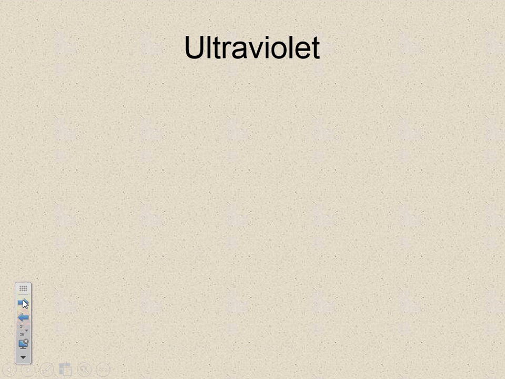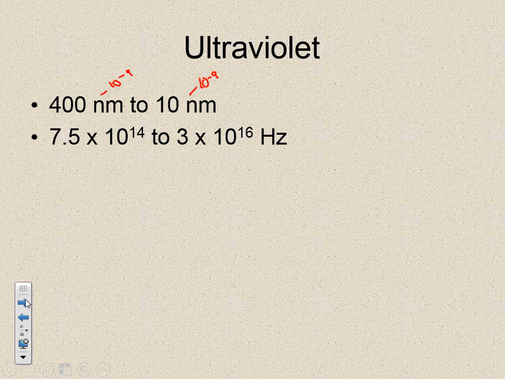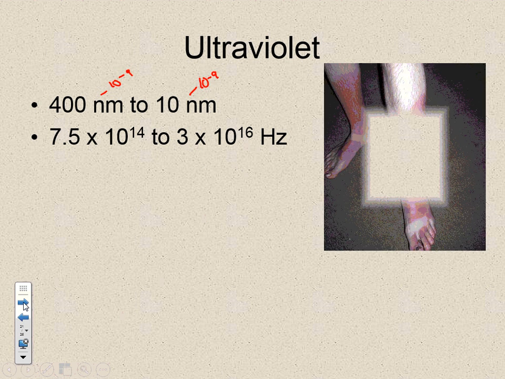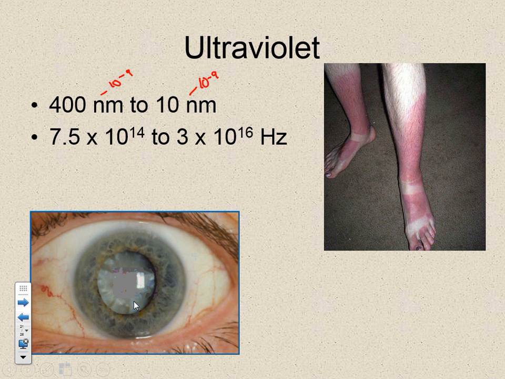Ultraviolet light is the light that is from 400 nanometers to 10 nanometers, and again, a nano is 10 to the minus ninth, and its frequency is 7.5 times 10 to the 14th to 3 times 10 to the 16th hertz, and it causes sunburns as well as cataracts in the eye. And the cataract is when your lens in your eye gets cloudy.